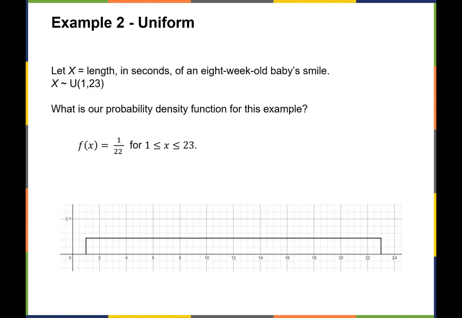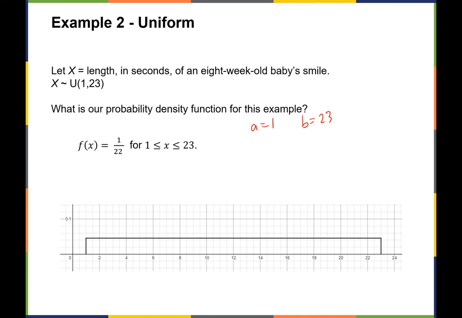All right, so our random variable is the length in seconds of an 8-week-old baby's smile, and we know x is distributed uniform 1 to 23. What is our probability density function for this example? Well, our a value is equal to 1. Our b value is equal to 23. So f of x equals 1 over b minus a, 1 over 22, for 1 less than or equal to x less than or equal to 23.